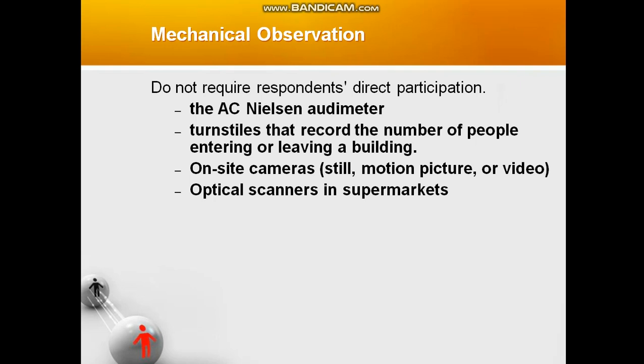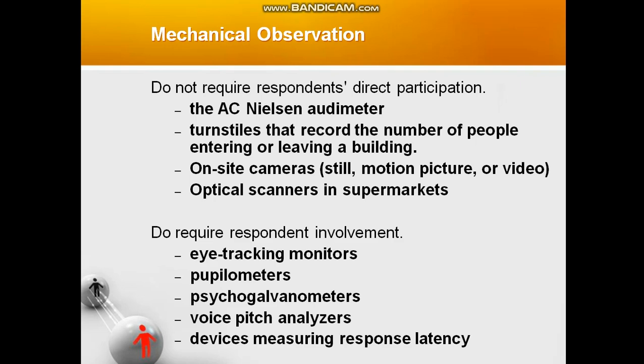The on-site cameras and the optical scanners in the supermarkets are all mechanical observation methods. Where we require respondents' involvement are the mechanical observation methods which use eye tracking monitors, pupilometers, psychogalvanometers, voice pitch analyzers, and devices measuring response latency.